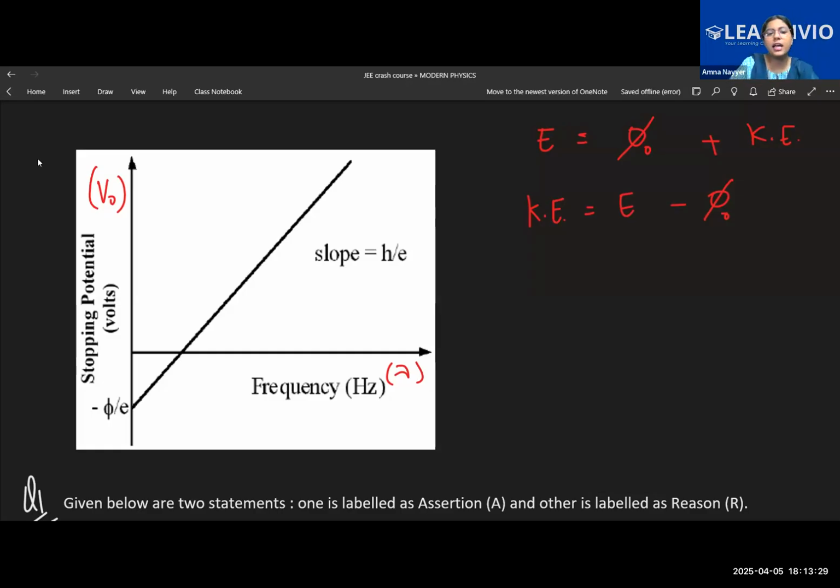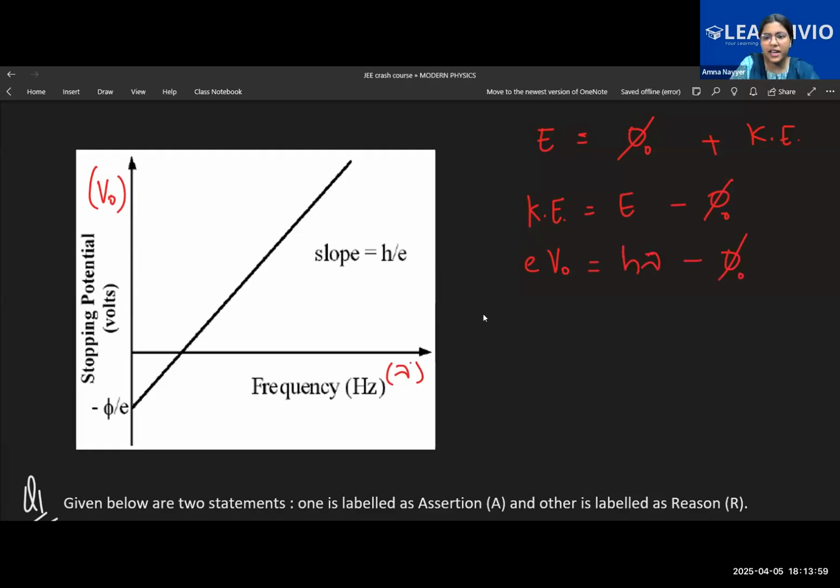So here our potential is the stopping potential, so we are going to use EV naught, where V naught is your stopping potential and E is the electronic charge. This is energy, which we can write as h nu or hc by lambda, but since we are talking about frequency, we will write h nu, where nu is the frequency, minus the work function as it is.